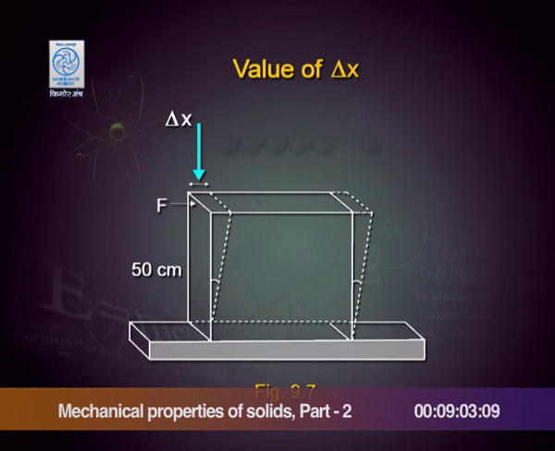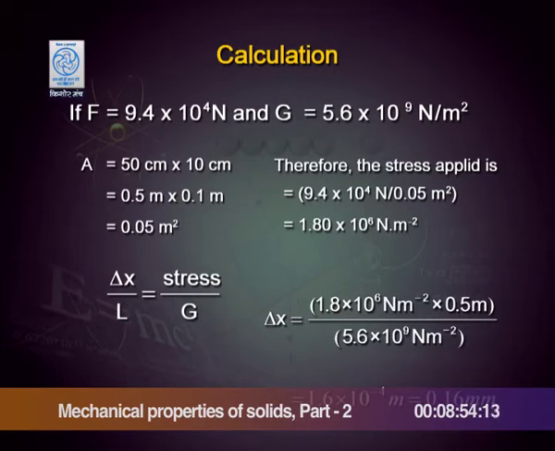You can visualize it something like what we did with the book, and when you solve it, you are going to find that this displacement is 0.16 millimeters. So, this value is very small and has to be carefully measured. However, when you do this problem, it gives you an idea about how much shearing force is required if you want anything to deform or if you do not want it to deform.